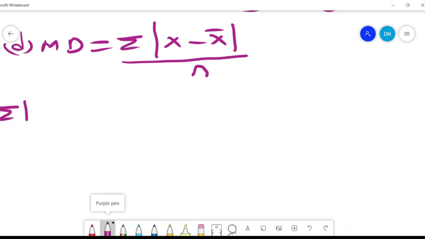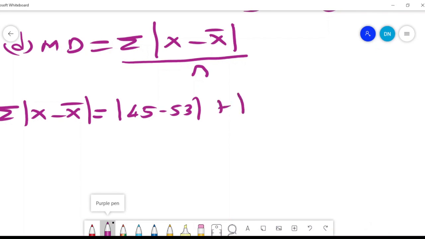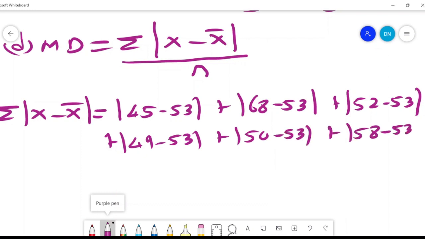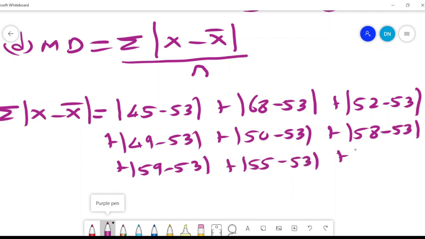So the summation of x minus x bar will be equal to the absolute value of 45 minus 53, plus 68 minus 53, plus 52 minus 53, plus 49 minus 53, plus 50 minus 53, plus 58 minus 53, plus 59 minus 53, plus 55 minus 53, plus 50 minus 53, then plus 44 minus 53.